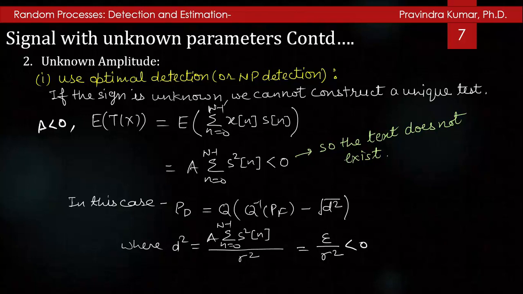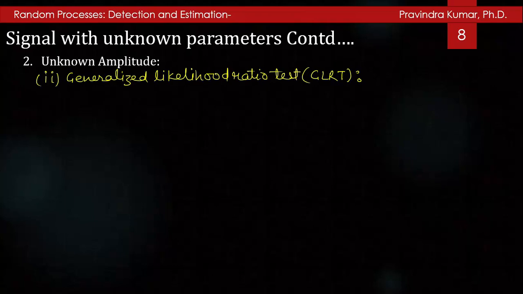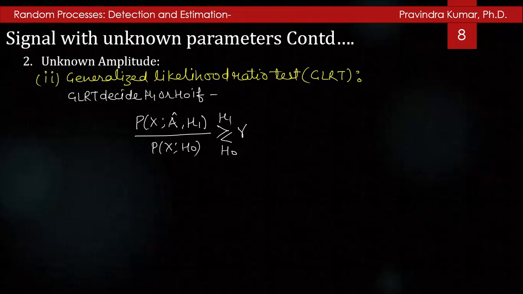So when the amplitude is unknown, we must use the GLRT or Bayesian approach. Now we'll consider the GLRT test. GLRT decides H1 or H0 if the PDF under hypothesis H1, which includes the estimated value of the unknown amplitude A, divided by the PDF under hypothesis H0, the likelihood ratio, the generalized likelihood ratio test, is greater than or less than the threshold value gamma.